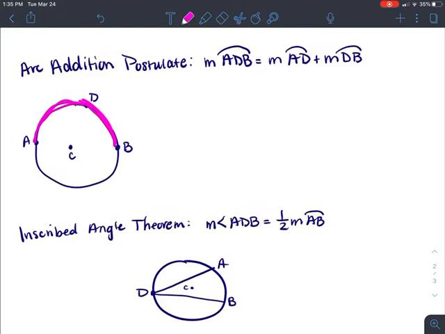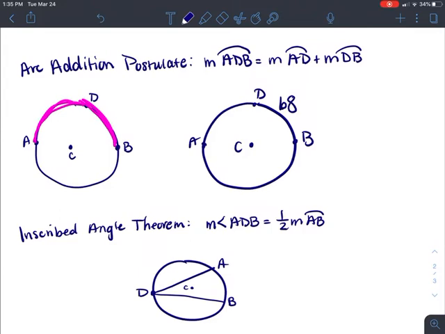So I'll do an example over here on the side. If they gave us values for our arcs, and they said that arc DB is, let's say, 68, okay, and then let me get my calculator really quick.